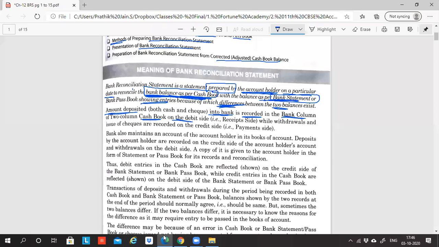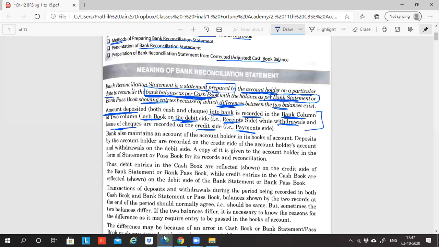That is what they're trying to explain. Amount deposited, which means amount coming into the bank, is recorded in the bank column of cash book on the debit side. That is receipt side. While withdrawals, the money going out, and issue of cheques are recorded on the credit side, that is payment side. This is something we already know.